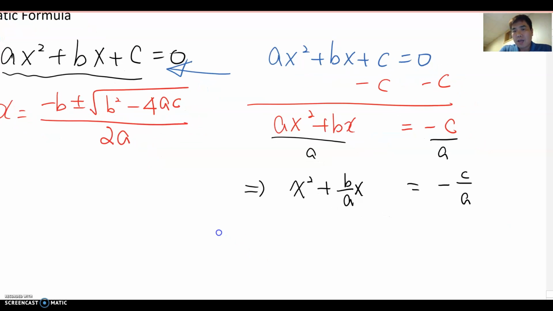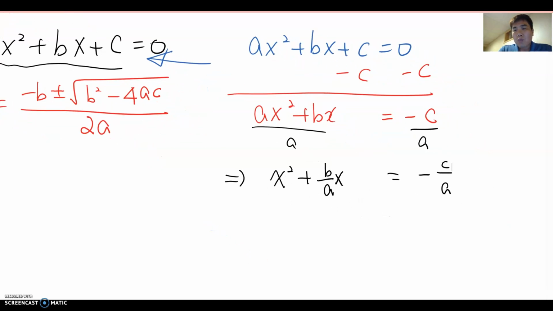Okay? Then now we need to add a constant value to both sides. Usually we take half of this number, right? So what is half of b over a? Yes, that will be b over 2a, right?